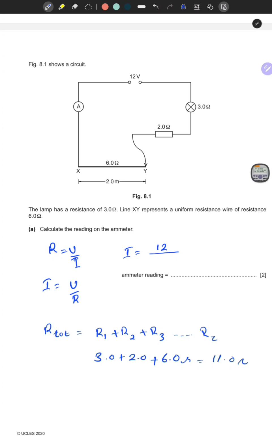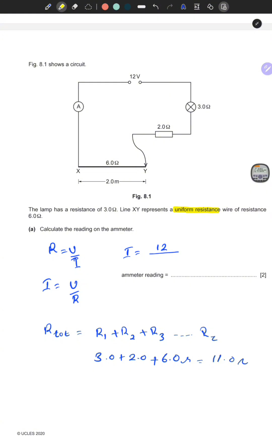And the wire here is of a uniform resistance. What they mean here by the word uniform is that the wire XY has the same cross-sectional area throughout the length.